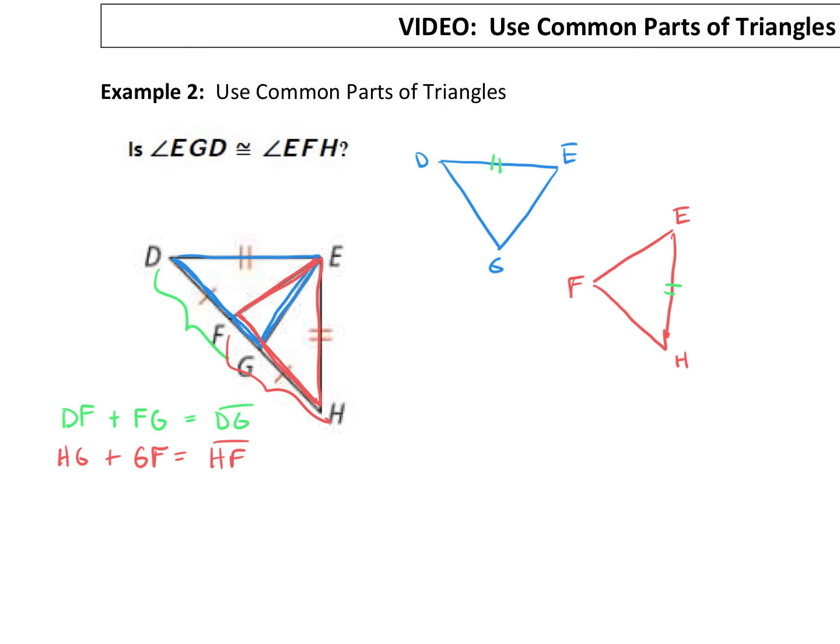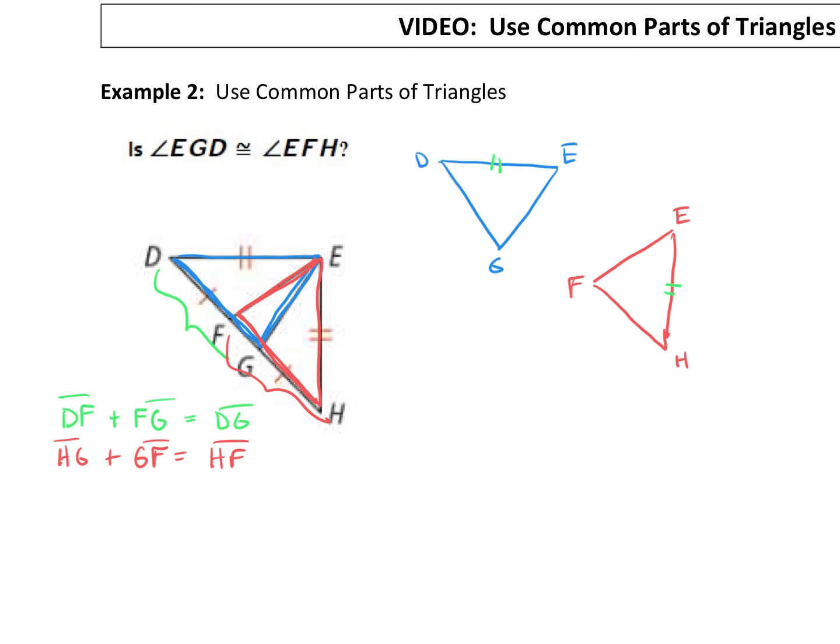All right, so what we notice, this is the segment addition postulate, by the way, that lets us say the two small segments add up to the big segment, and the two small segments add up to the big segment. I forgot to put on my segment lines, there we go. We have this as part of both sides.